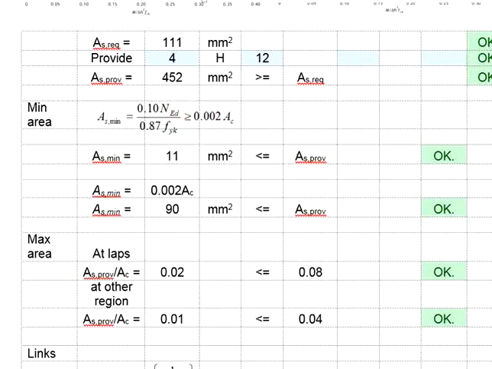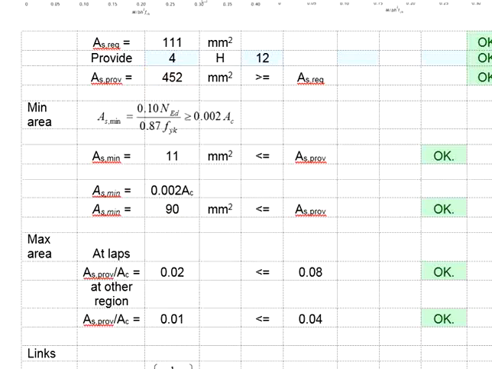NED is given as 49-something kilonewton. FYK is given as 500. AC is based on the cross-sectional area of the column, which is 300 times 150. The calculated AS min is less than the AS provided. That means you have provided sufficient reinforcement bar.